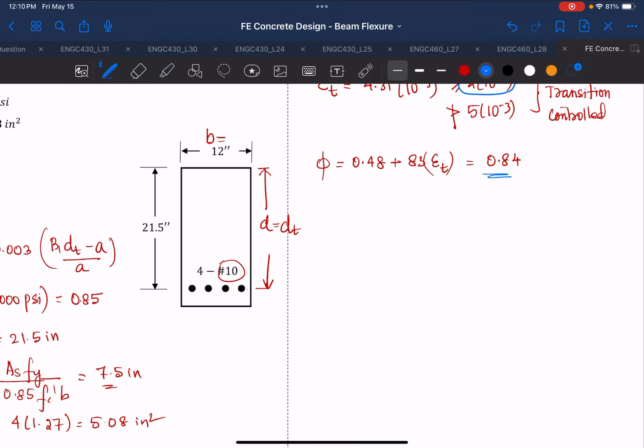Okay, and then another thing that I want to say, because some of you might confuse between d and dt.